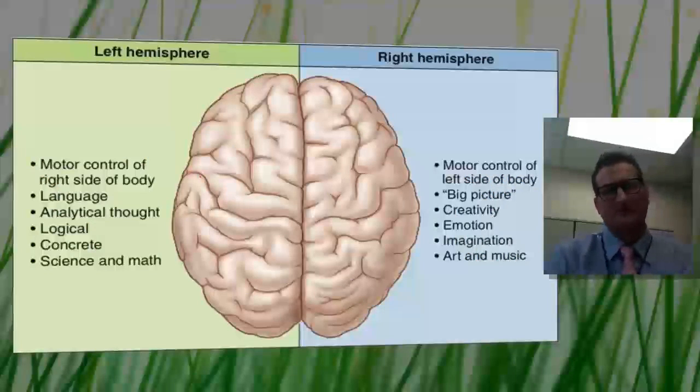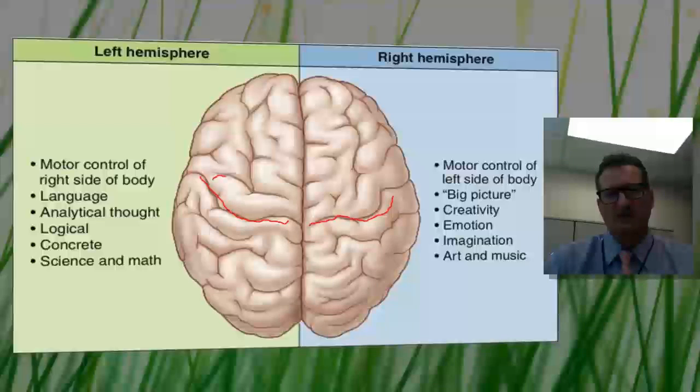So, to reiterate, again, the homunculus showed there was the motor and sensory. Now, those did not indicate the right and left hemispheres of the brain. They simply were showing the motor and sensory areas, which would be, here's the central sulcus here on each side of the brain.